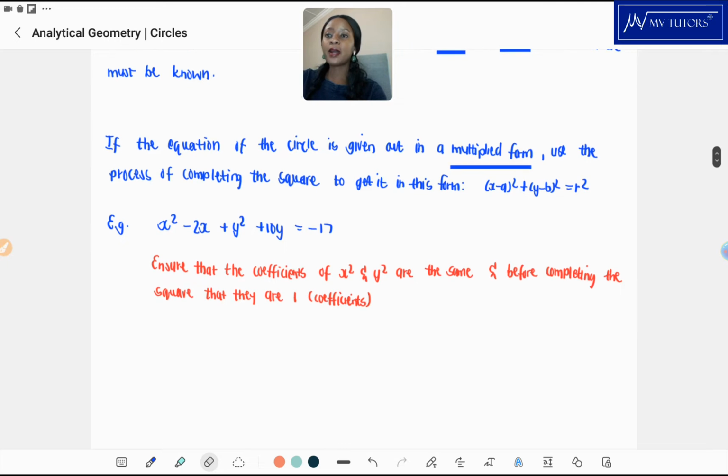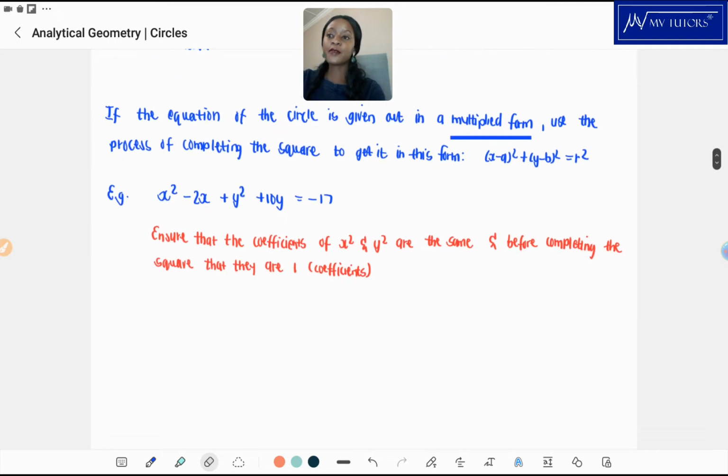And the one thing about completing the square, okay, first of all, the coefficients of x and y must be the same. Okay, let's say you already have 2x squared, you must have 2y squared here, or else this will not work. And once they are the same, please make sure that before you even start completing the square, one of the rules is that you must only have one as a coefficient.